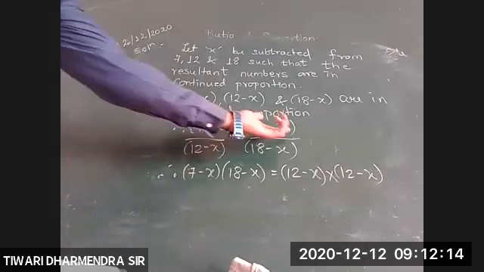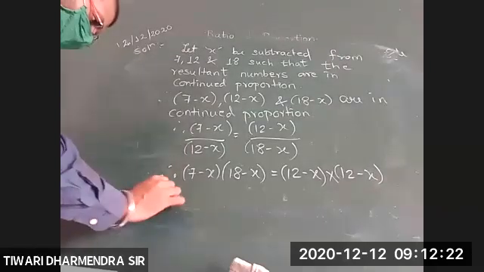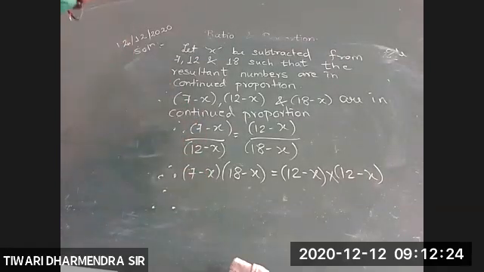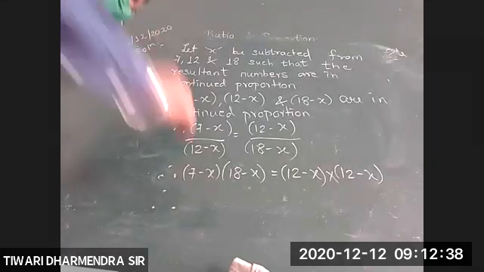That is 12 minus x into 12 minus x, you can see, and here also 7 minus x into 18 minus x. So what do we do? Apply the formula of square here, or directly you can multiply, no issues. So 18 sevens is 126.